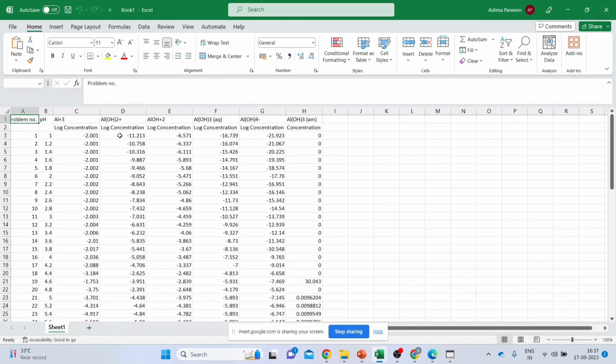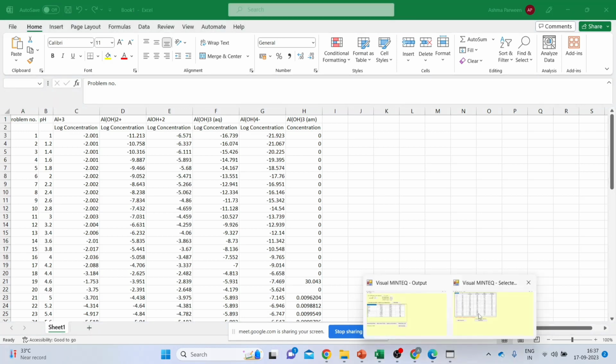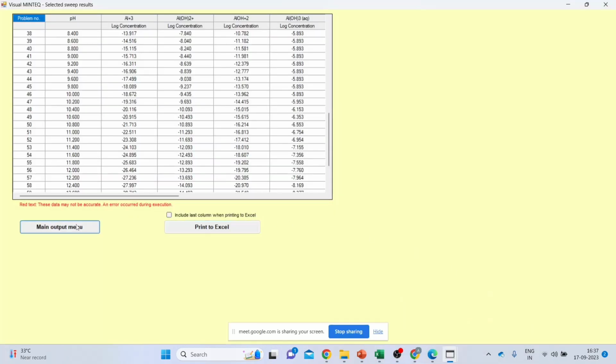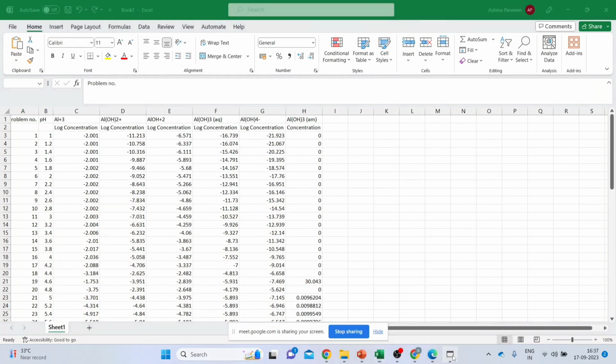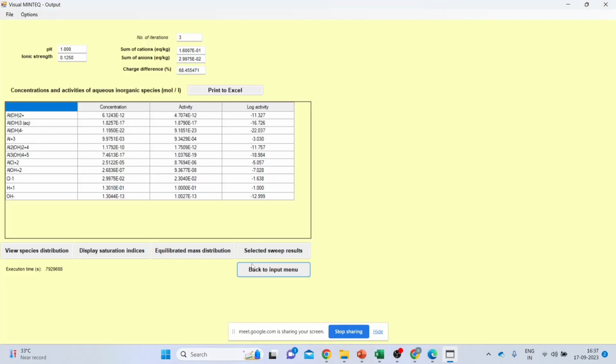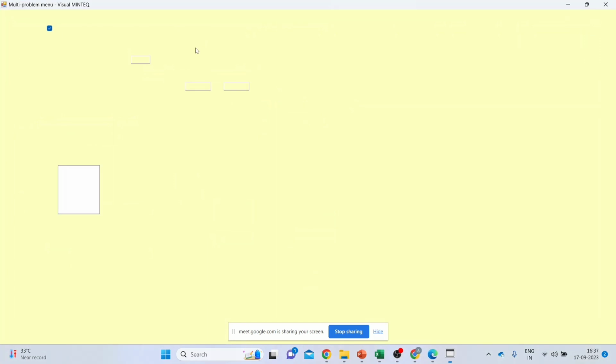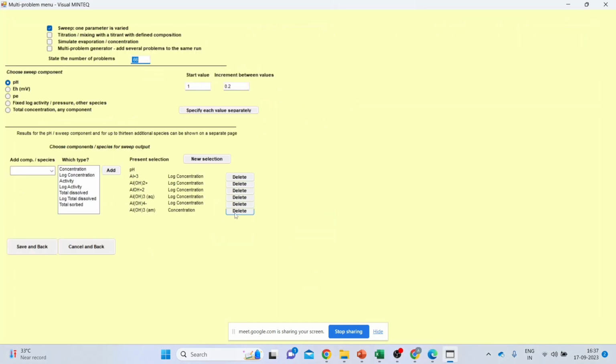One more mistake I have made is that I have taken all the species in log, but I forgot to take the forming solid in log. So let's go back. See, I have not taken it in terms of log, so let's add it in terms of log.